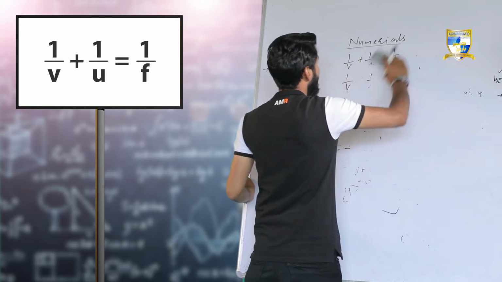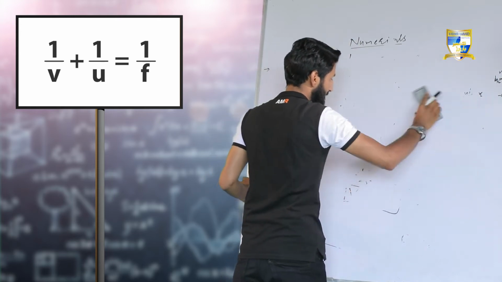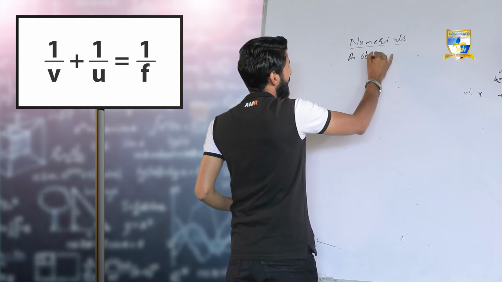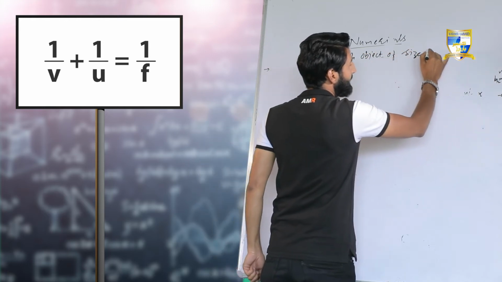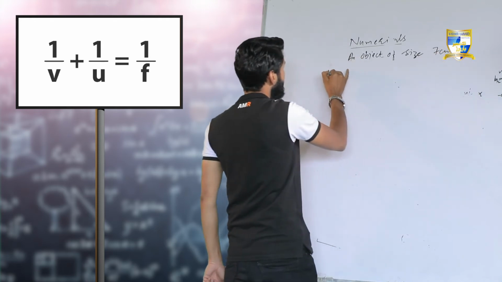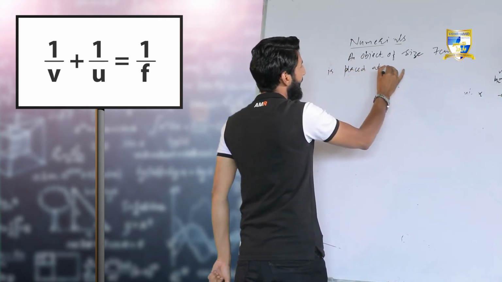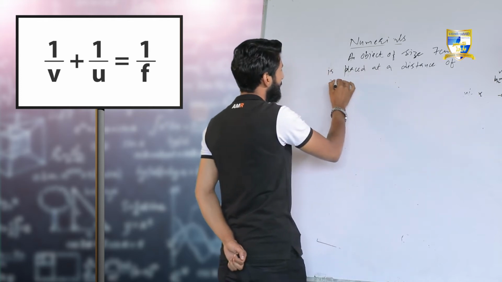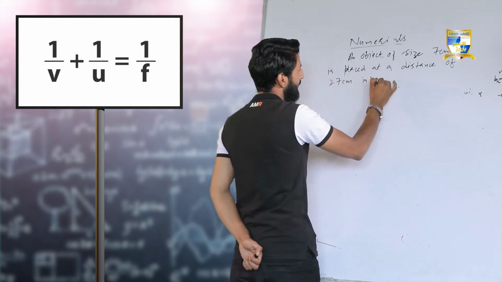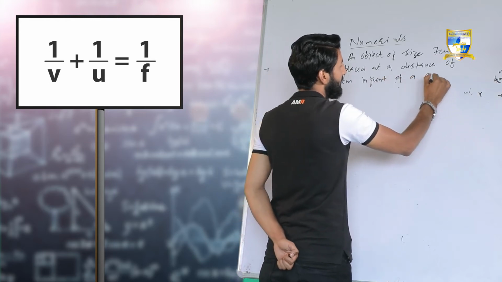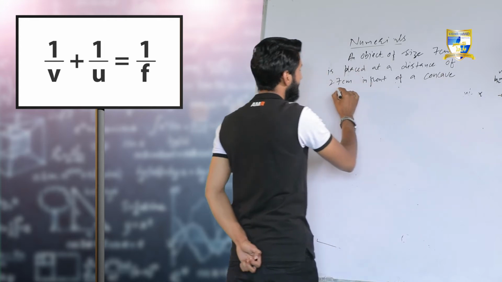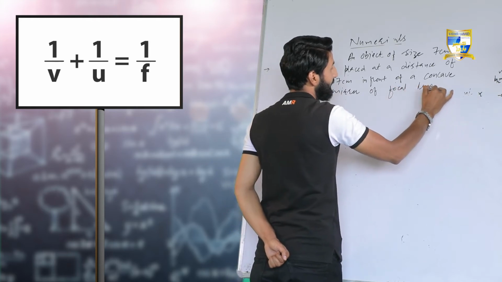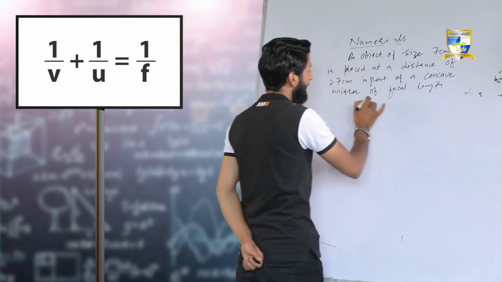An object of size 7 centimeter is placed at a distance of 27 centimeter in front of a concave mirror of focal length 18 centimeter.